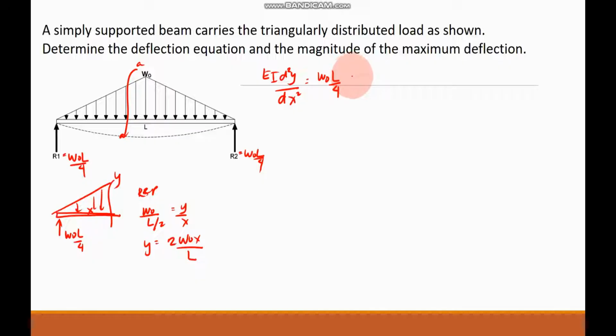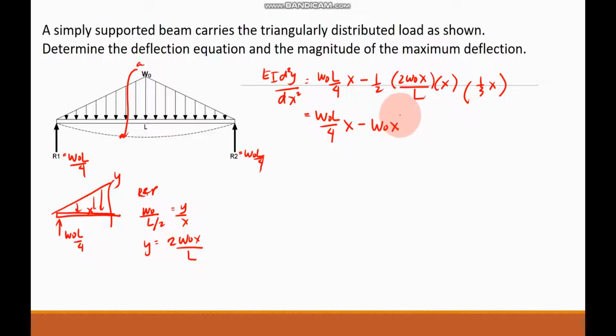Moment arm is X minus 1/2 of 2WOX all over L multiplied by X multiplied by 1/3 of X. So simplifying it further, we have here WL all over 4 X minus WOX raised to 3 all over 3L. Tama.